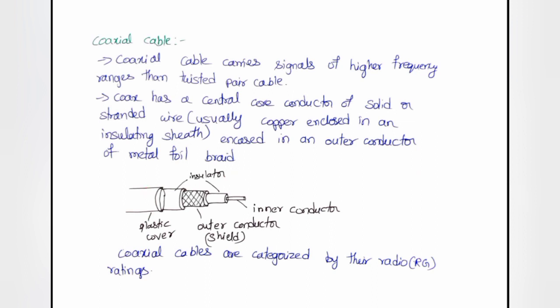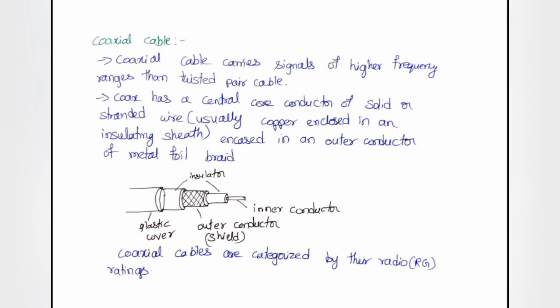So the inner conductor is covered by the outer conductor or shield, and the outer conductor is covered by an insulator, which is again encased by a plastic cover.